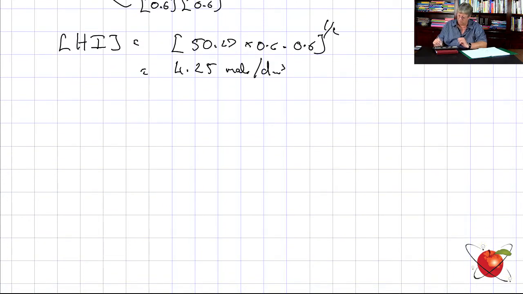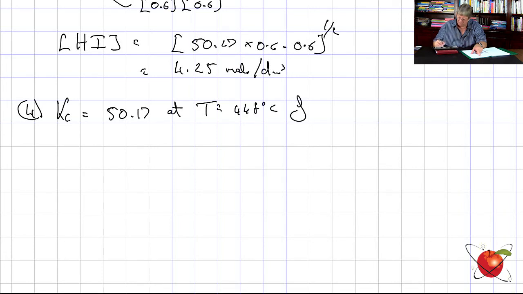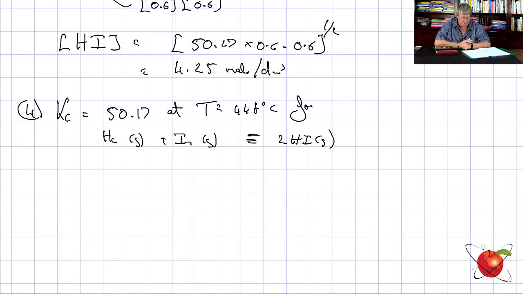Part 4 of the same question. They say the equilibrium constant Kc equals 50.17 at T equals 448 for the following: H2 gas plus I2 gas going to 2HI gas. Now, this is a different problem.